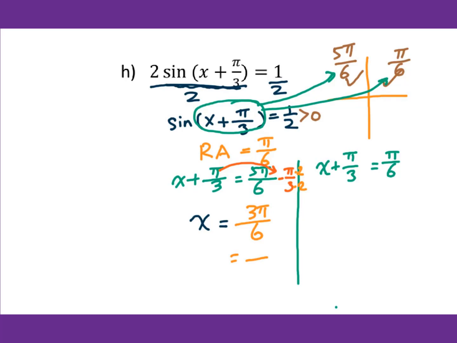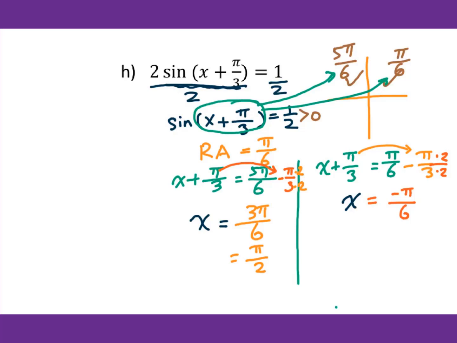So we got pi over 2. For this side, minus pi over 3, we multiply by 2, top and bottom. You will get negative pi over 6. That's x equals negative pi over 6.